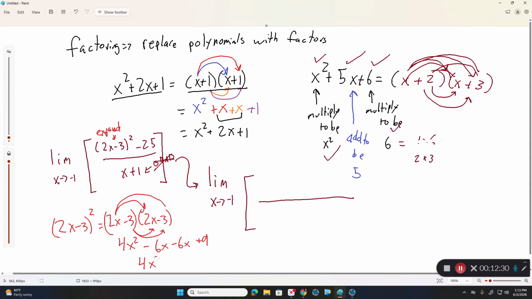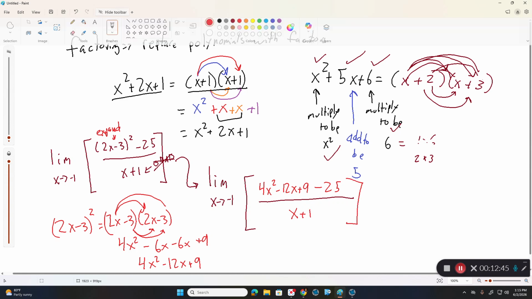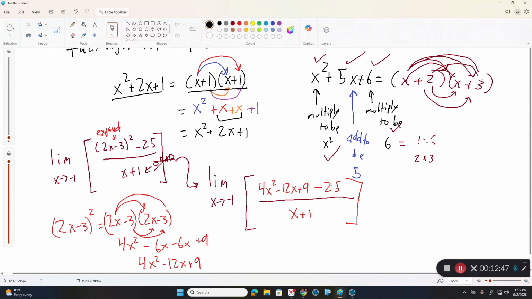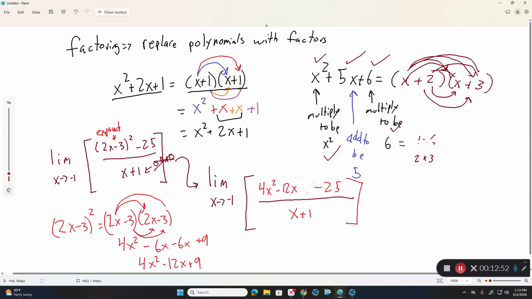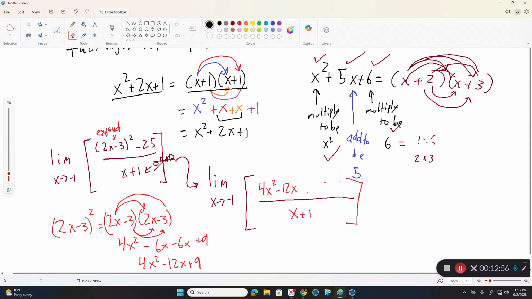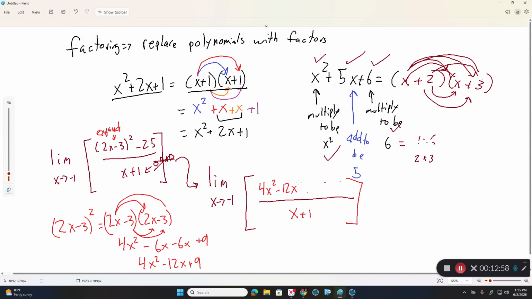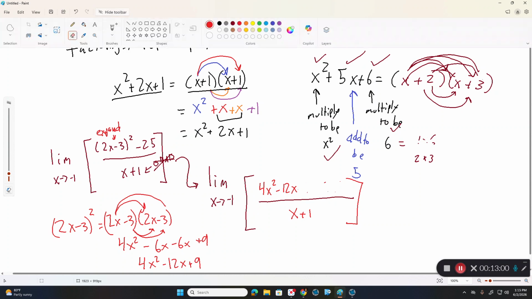Altogether, 4x squared minus 12x plus 9. Don't forget, we're going to subtract 25 from that, and we're going to divide it by x plus 1. So, sorry about the different colors. First thing I want to do, though, before I go on, I can combine the plus 9 and the minus 25. I think that'll give me minus 16.